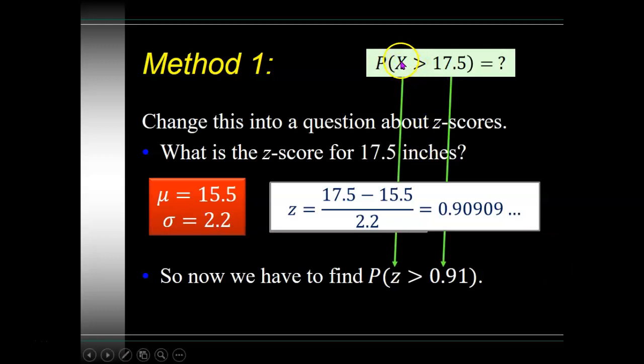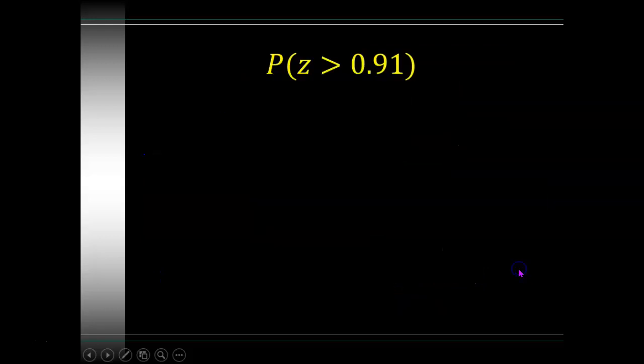So the x that stood for the height of a randomly selected flower got replaced by z, which is like the z-score for that randomly selected flower. And the 17.5 got replaced with its corresponding z-score, which was 0.91. So at this point, we need to find the probability of z being greater than 0.91.